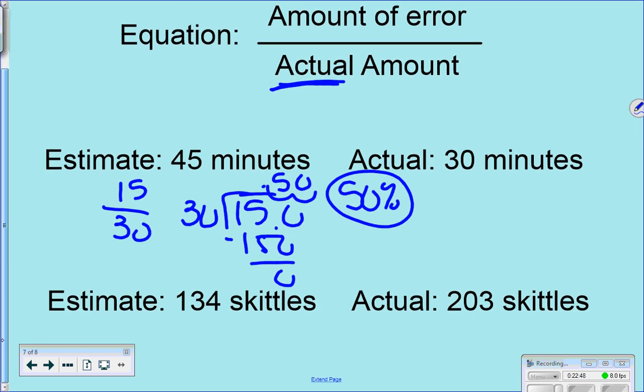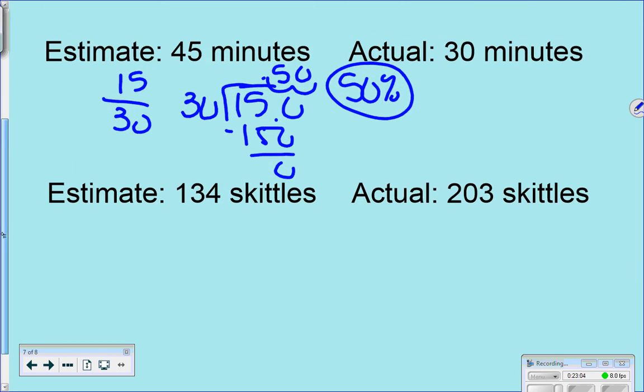Okay. And like another one, they might have you use Skittles, like I told you, like the jelly bean jar. They might say, I'm guessing there's 134 Skittles, but there's actually 203 Skittles. Okay? The first thing I'm going to do is subtract to figure out how much I was off. I'm off 69 Skittles.